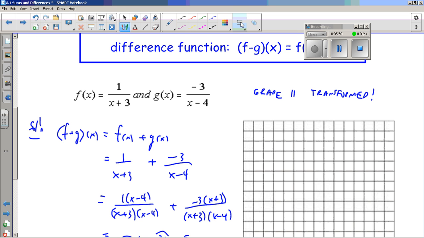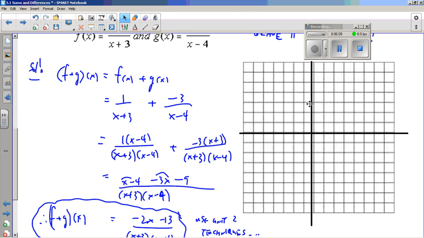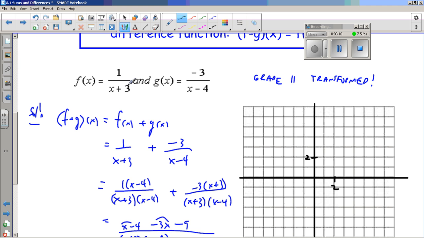So I'm going to set up my grid here. Some scale. Great. And how does this work? It is this f at x is that function moved left 3. Right?